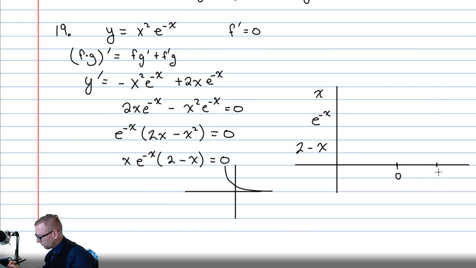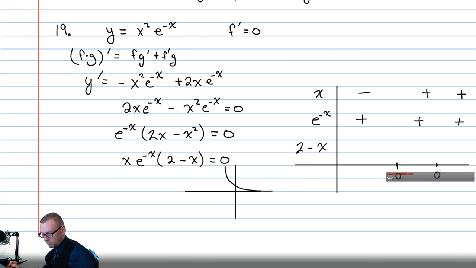When x is 2, it's got its 0. This, however, is always greater than 0, so we're going to write plus. Always greater than or equal to 0. When x is less, it's positive, right?